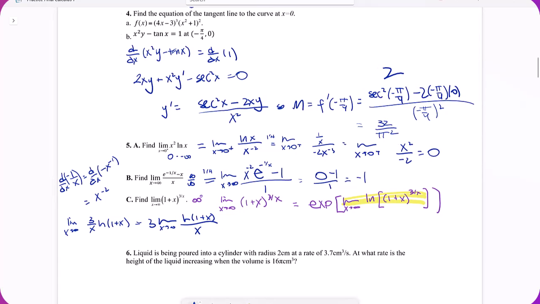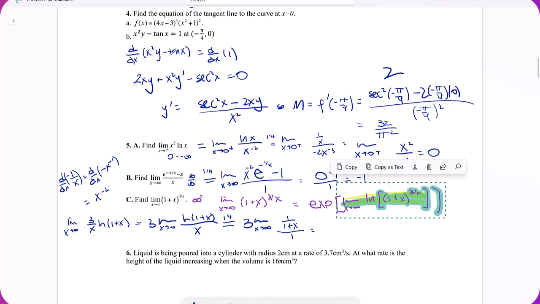I'm just going to go with L'Hopital's rule, 3 times the limit as x goes to infinity of 1 over 1 plus x times 1 over 1. Okay, which is simply going to be, as x goes to infinity, 1 over 1 plus x goes to 0.